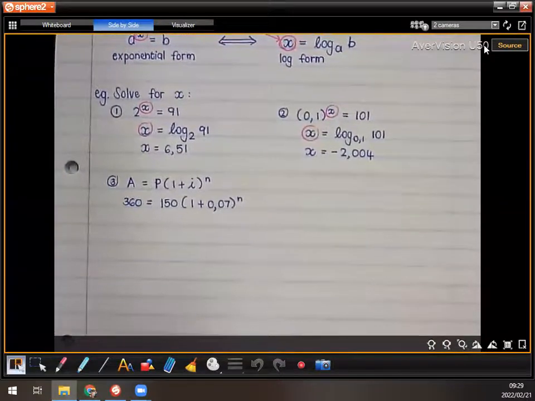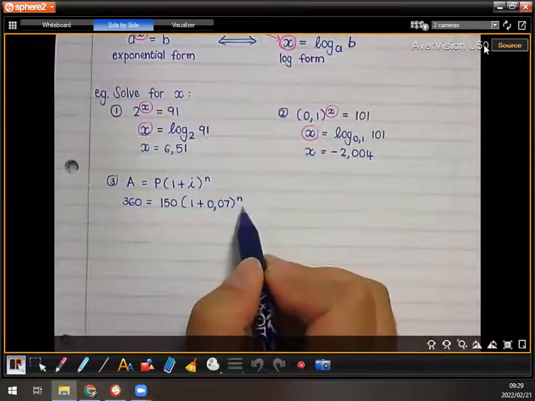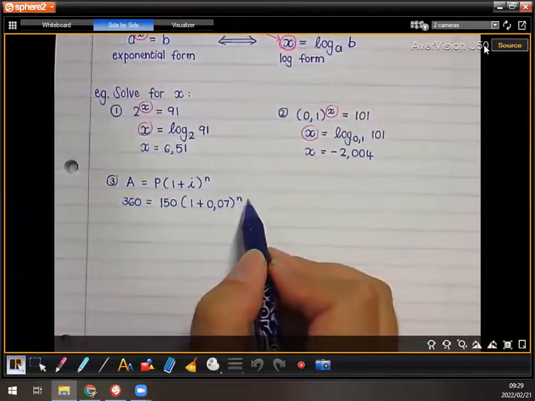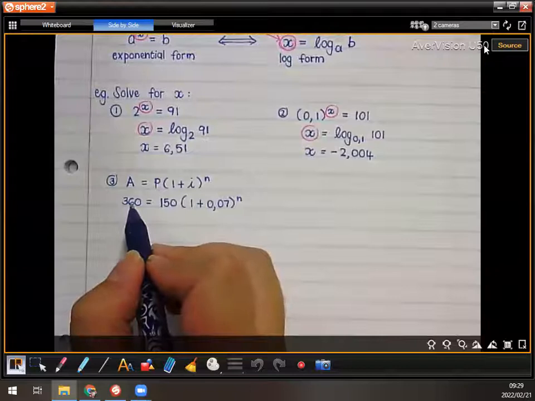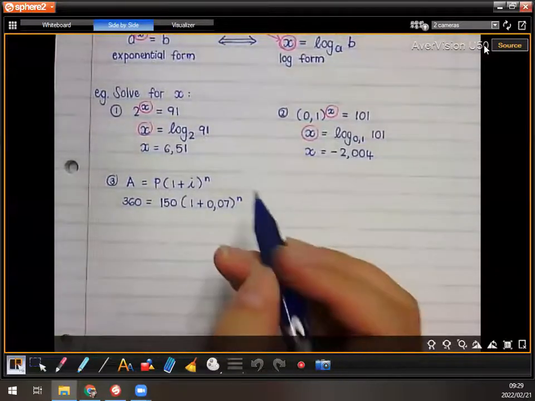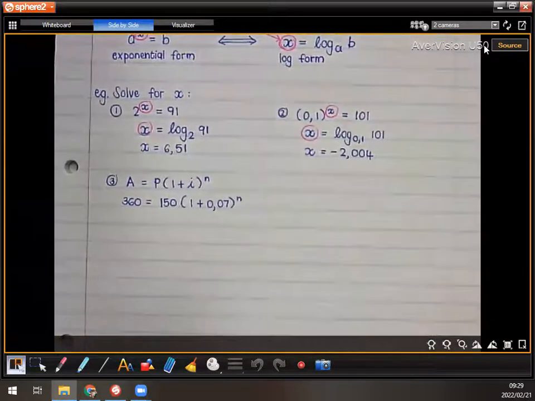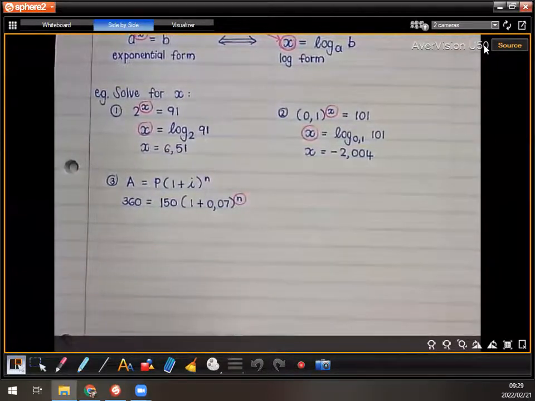So that was something that you did in finance, right? We told you that you invested 150 rand for however many years. Okay, who knows? We're going to find that out. Now the interest rate was 7% per annum, and we ended up with 360 rand. How long was that money in the account for? You guys see that we're going to have to use logs in this case, right? Because now we have to solve for n, which is the exponent. And up until just now, the only way for you to solve for an exponent was to get the bases to be the same.